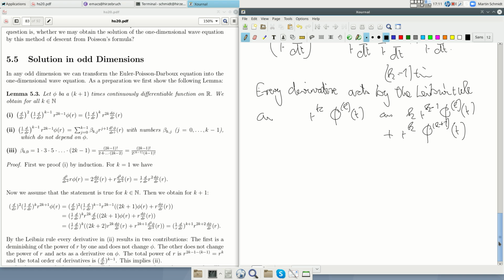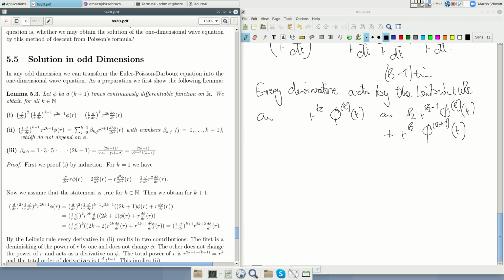So this means on the one side it diminishes the powers of r by 1 in one term, and in the other term it increases the order of the total derivatives. It enlarges the order of the derivative.